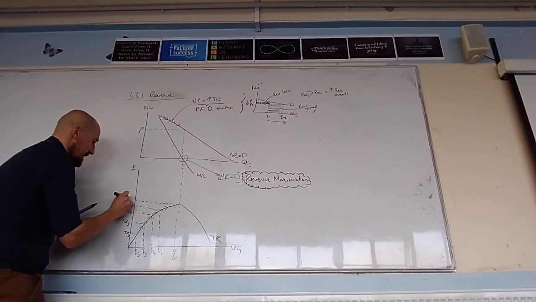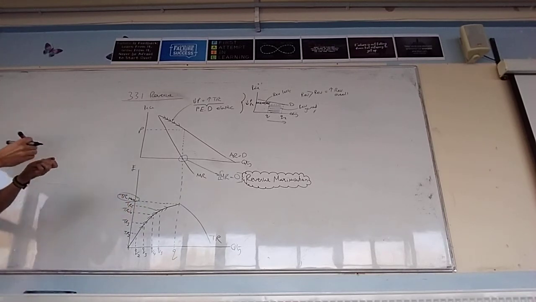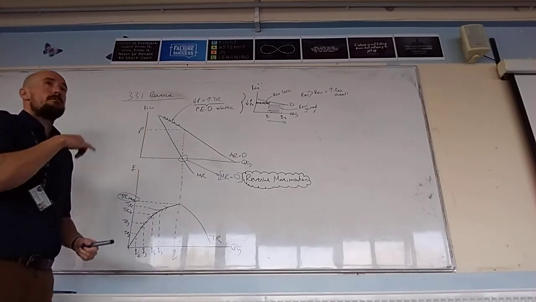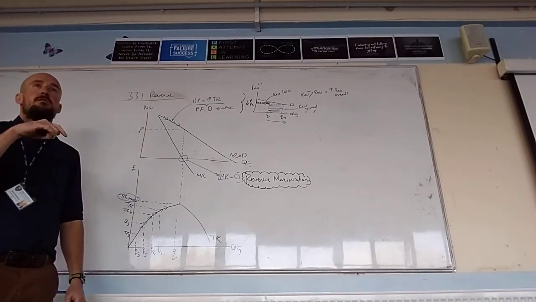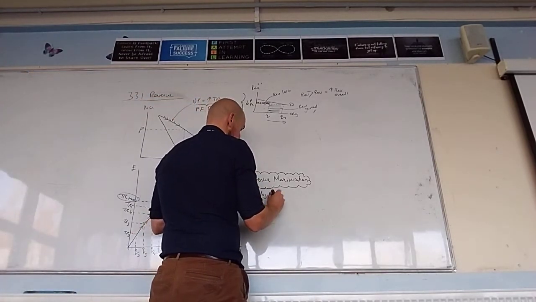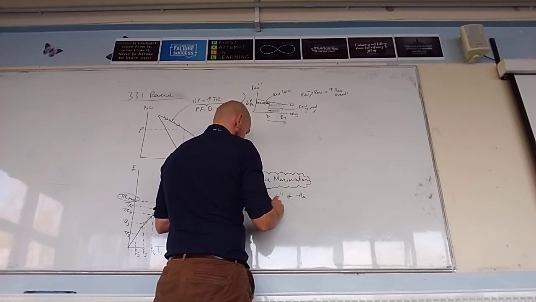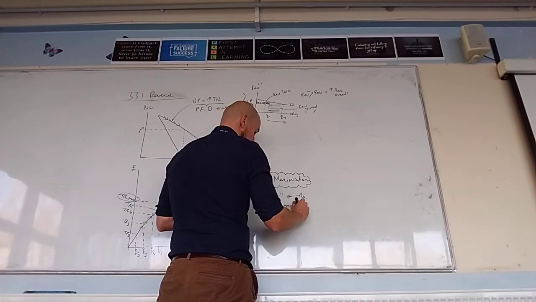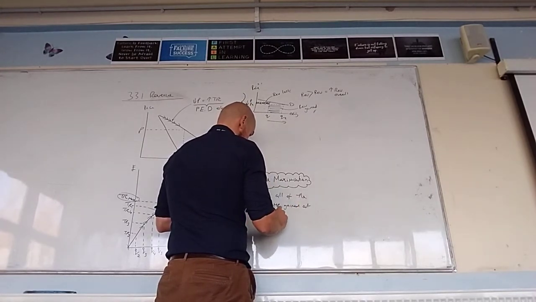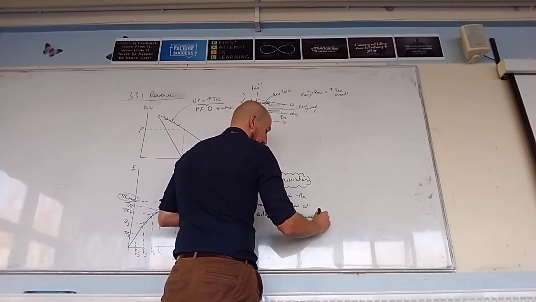Here is TR max. And the reason it is at the point where MR is 0 is that all of the marginal revenue of previous units is accumulated. The logic is that all of the previous MR gained at earlier quantities is accumulated. It's not lost.